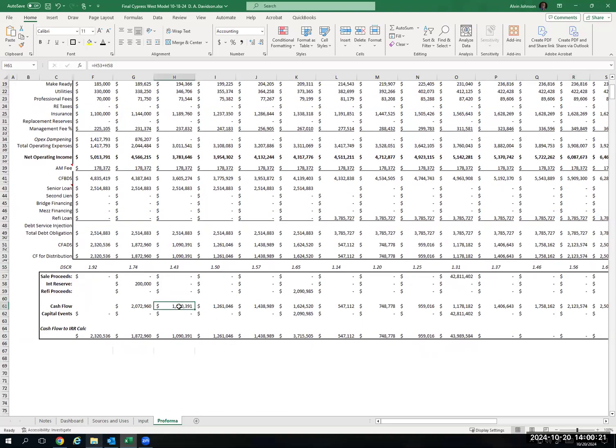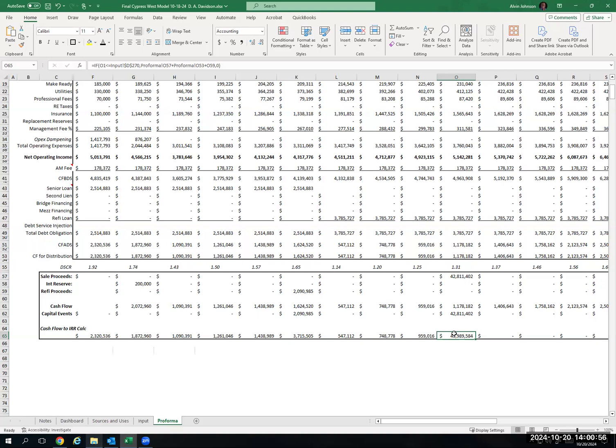Cash flow after debt service, you're at $1.2 million, $1.4 million, $1.6 million, plus you got the refi paying off the 10 million. You put another 2 million in the bank, so you put almost 4 million, 5.5 million, 6.5 million, 7.5 million, 9.5 million in the bank over a 6-year period, pay off 10 million debt, and then you cash out here 43 million at the end of year 10 when you sell it.